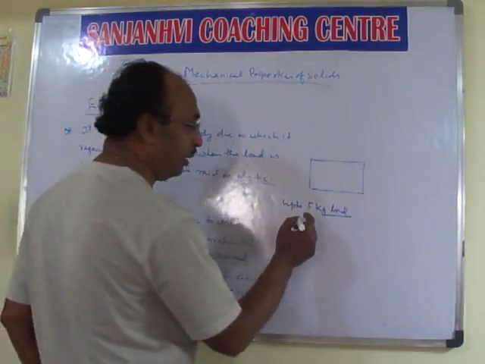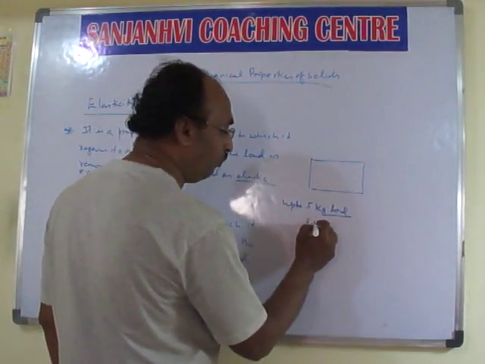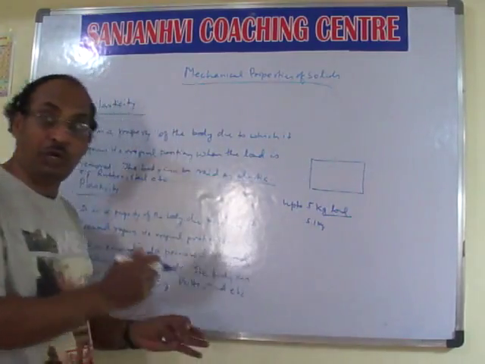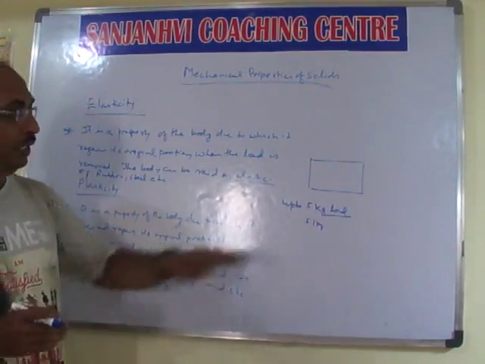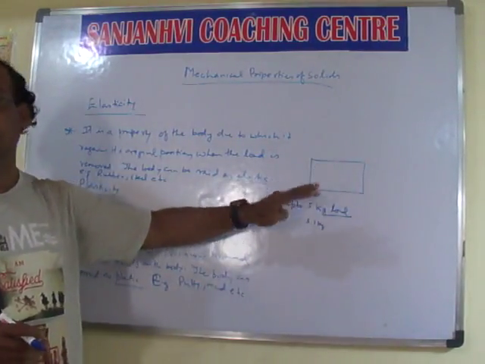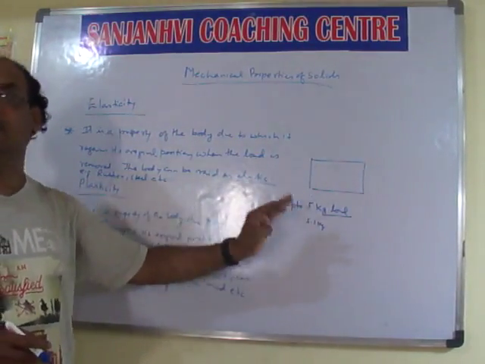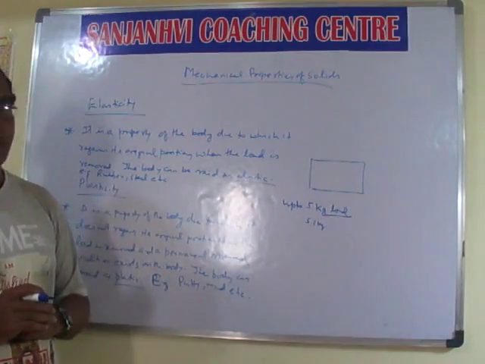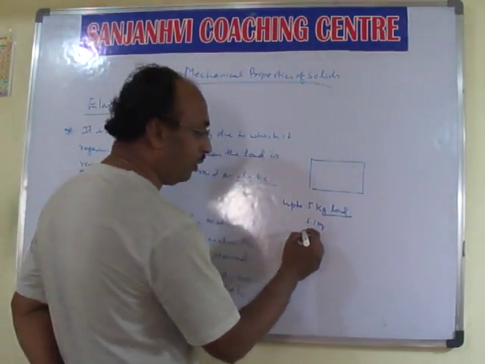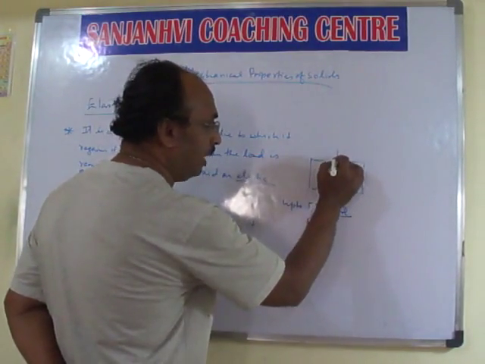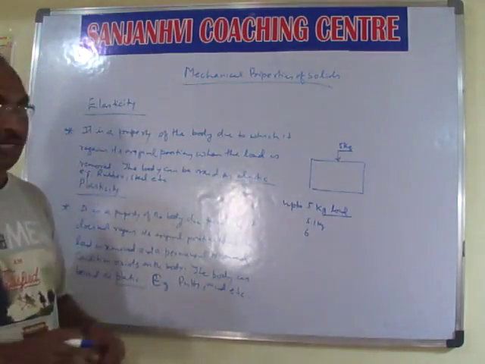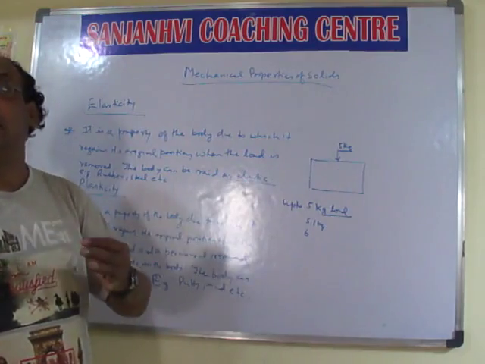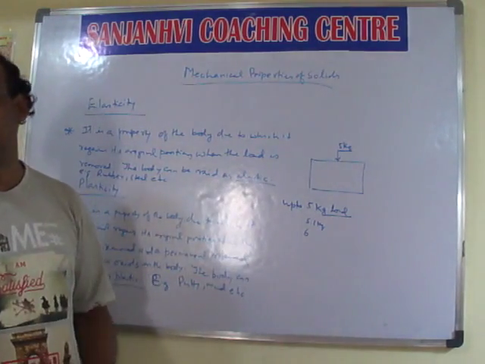But the moment you apply 5.1 kg, then some more deformation will start occurring. Deformation means change in length, change in area, change in volume. So at 5.1 kg, 6 kg, the moment we put a 6 kg load, this body will have some permanent deformation.